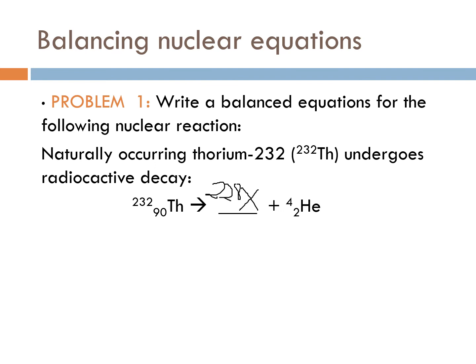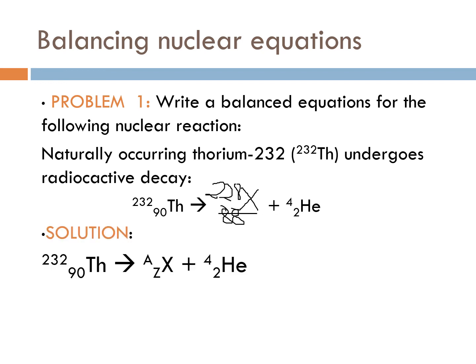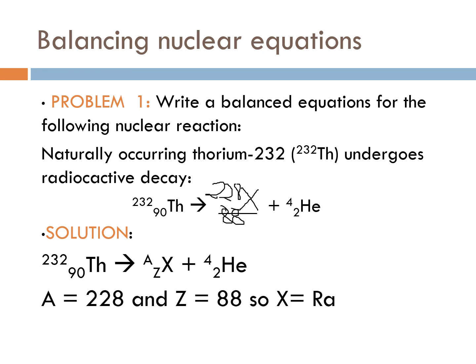And then here I want 88, right? So when I go 88 plus 2, I get 90. So I need to go in the periodic table, figure out who is 88, and that's going to be radon. And so that's the solution, okay? Again, it's a multiple choice.